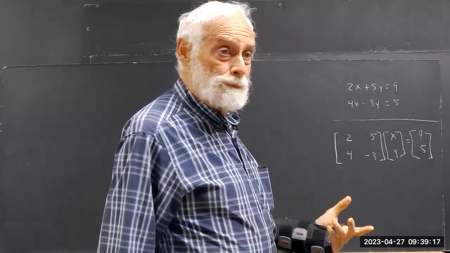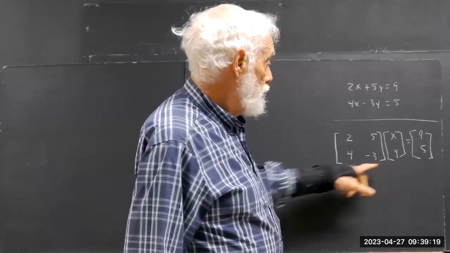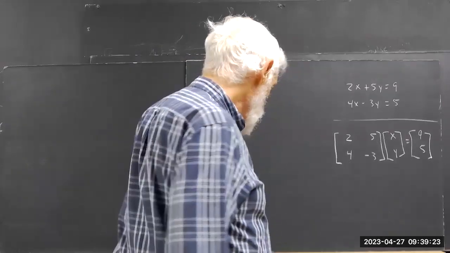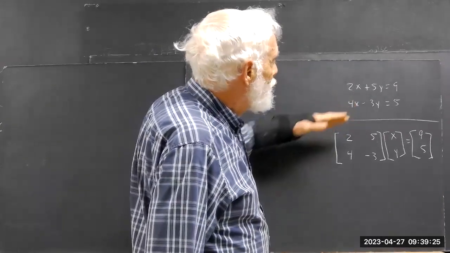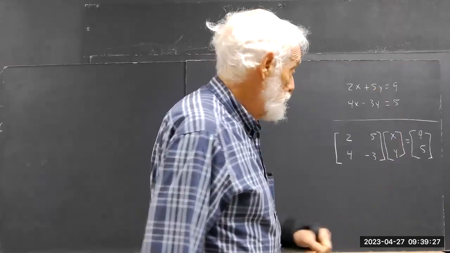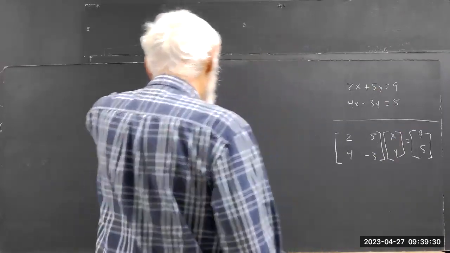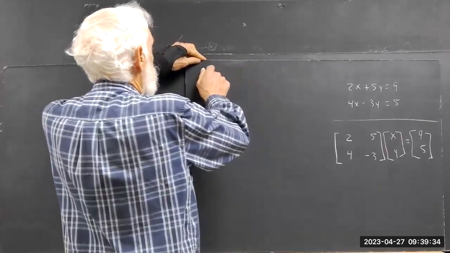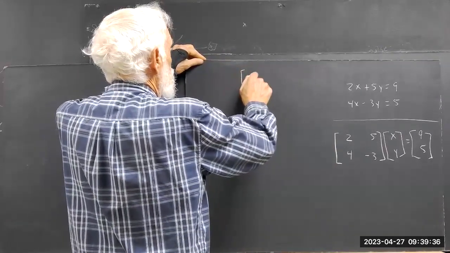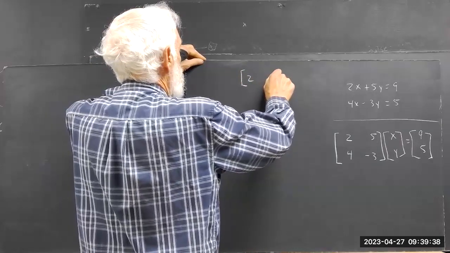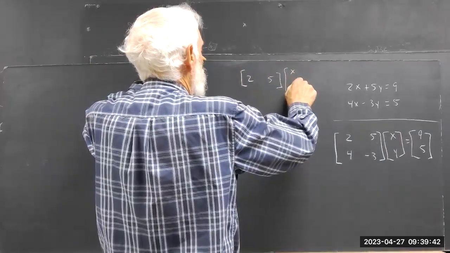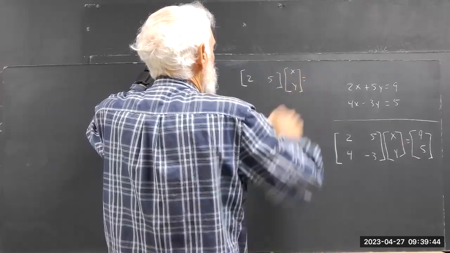Now the rule. This is a multiplication. You multiply this matrix by the xy. The rule is you multiply rows by columns. So I'm just going to show you how that works without doing it in the matrix. Okay, so the row 2, 5 multiplied by the column xy equals what?